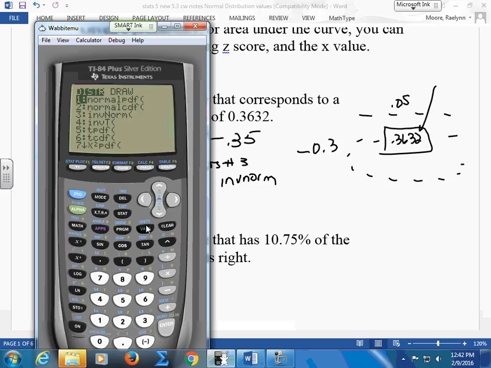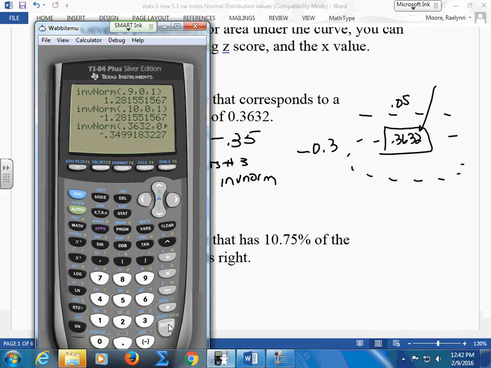So second pairs, number 3, you're going to put your area in, 0.3632. You're going to leave it in a standard normal curve, 0 and 1, because you're working with z-scores. And then you're going to paste. It's going to come back and give you a z-score. And all your z-scores get rounded to 2 decimal positions.